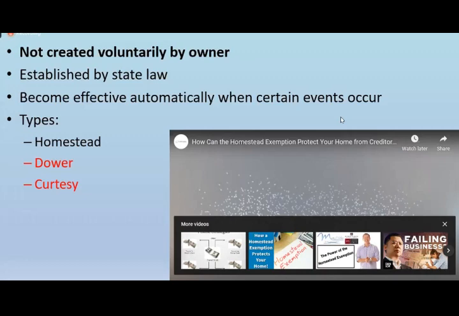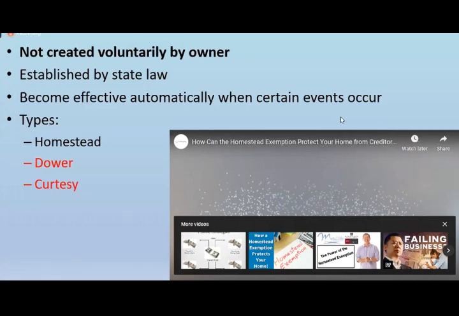Dower, courtesy, and homestead are legal life estates currently used in some states. Dower and courtesy provide the non-owning spouse with the means of support after the death of the owning spouse. Dower is the life estate that a wife has in the real estate of her deceased husband.